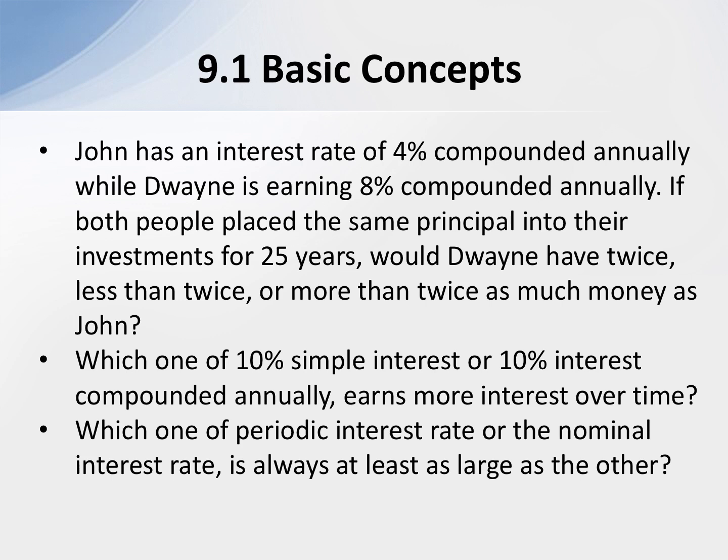Which one of 10% simple interest or 10% interest compounded annually earns more interest over time? Over time being the key word there. Which one of periodic interest rate or the nominal interest rate is always at least as large as the other? Again, refer back to the previous slides if you can't answer these questions easily.